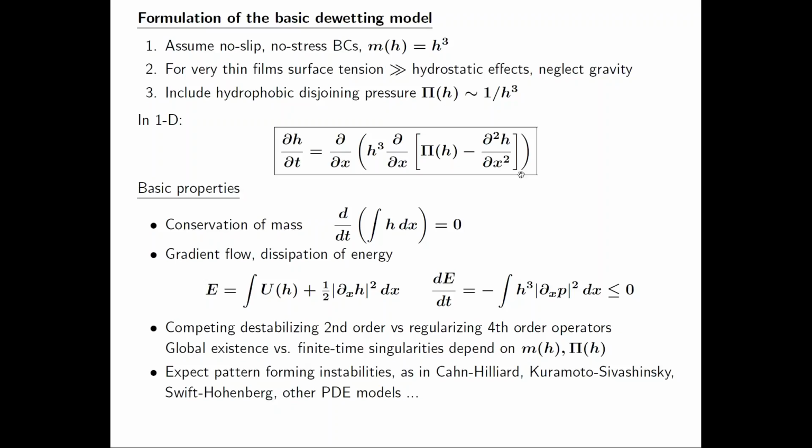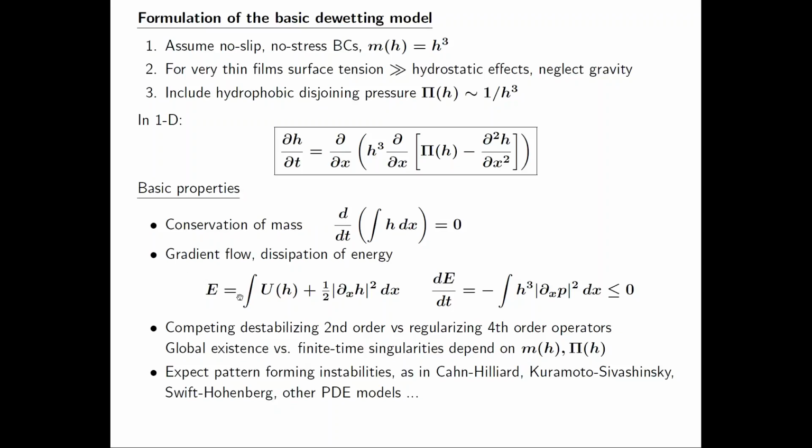So this is the model overall, and it has your basic properties that you'd expect from an equation written in divergence form. It's a divergence of stuff inside, so assuming no flux boundary conditions, I'm going to have conservation of mass.